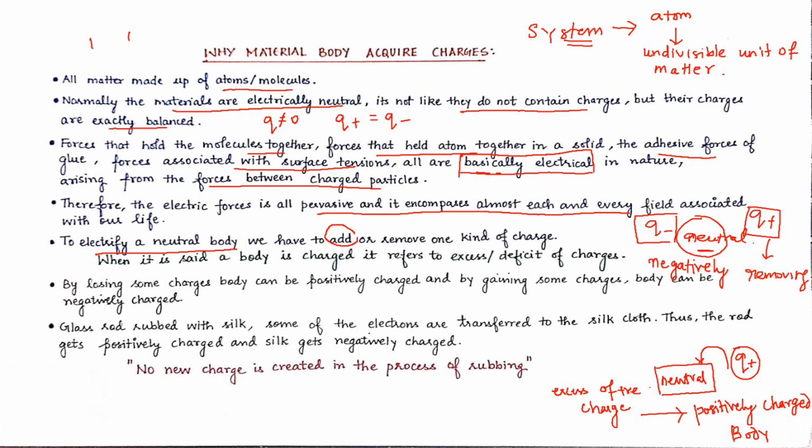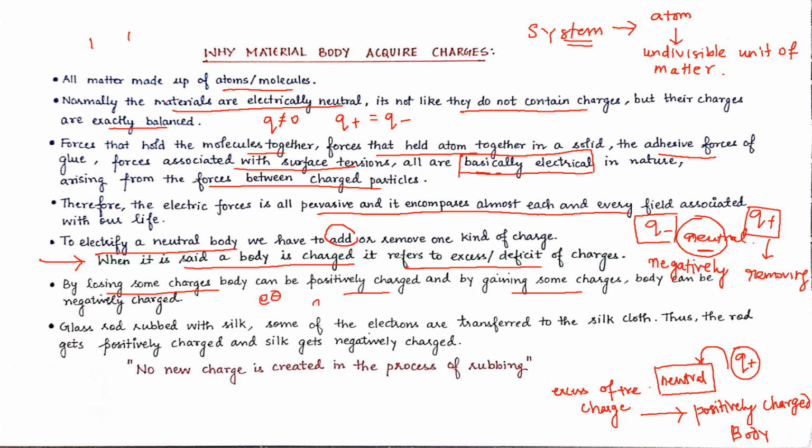See this statement: when a body is charged, it refers to an excess or deficit of charge. Either the charge is in excess or the charge is deficient in the given body. By losing some charges, a body can be positively charged, and by gaining some charges, a body can be negatively charged. Here we are talking about the electron.